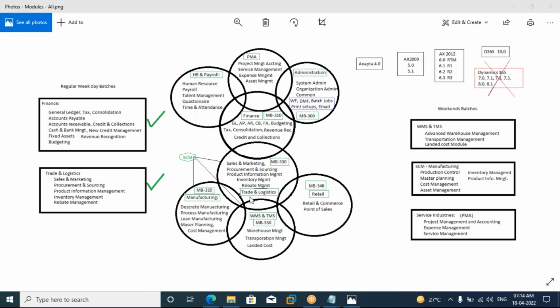This one is 6 to 7 sessions, trade and logistics, and the other modules I will teach in the weekends, one at a time. These are weekend batches. Once you learn either one of these, then only you can learn all these things.